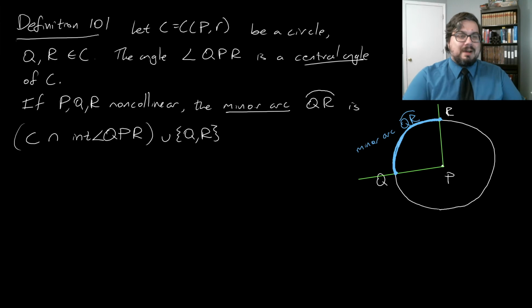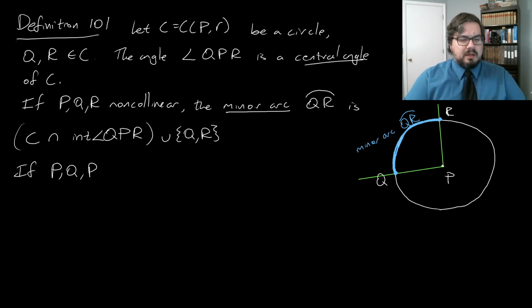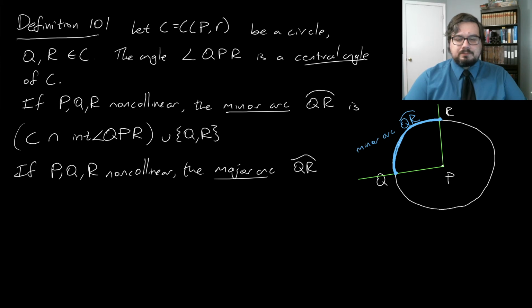We can also define the arc going the other way, sort of the complement to this, though not quite. If P, Q, and R are non-collinear, the major arc QR is C without the interior of angle QPR.